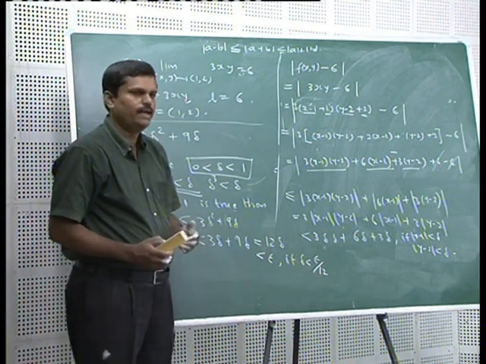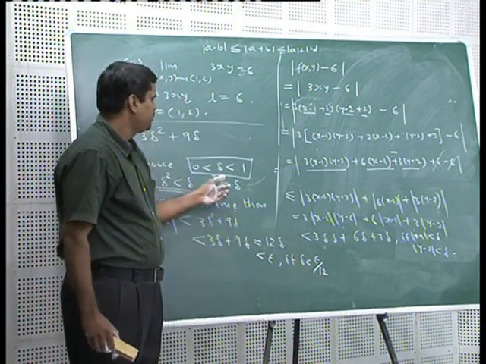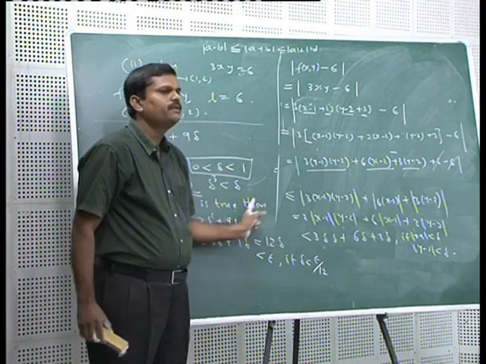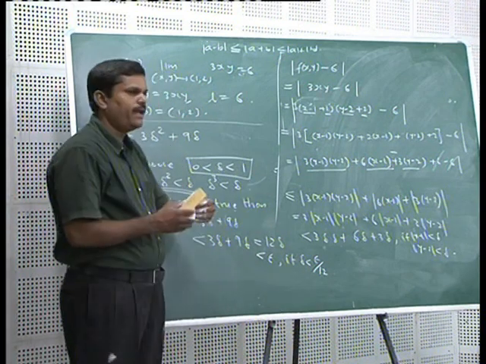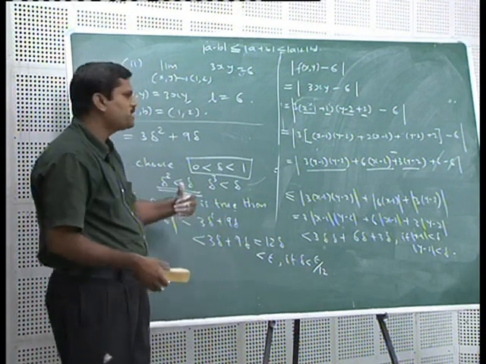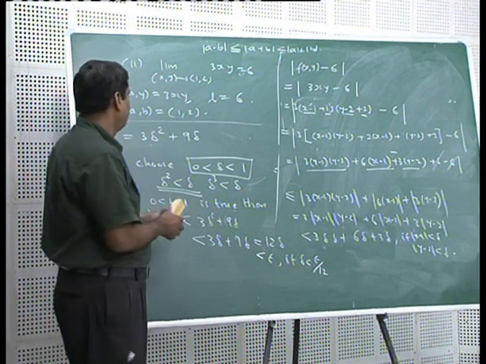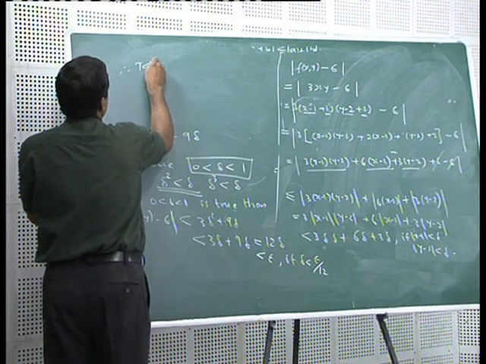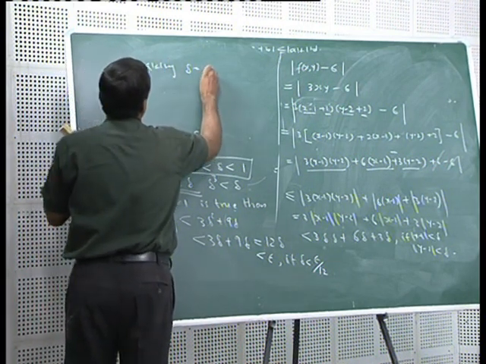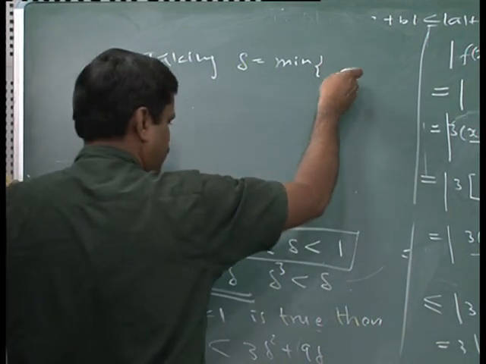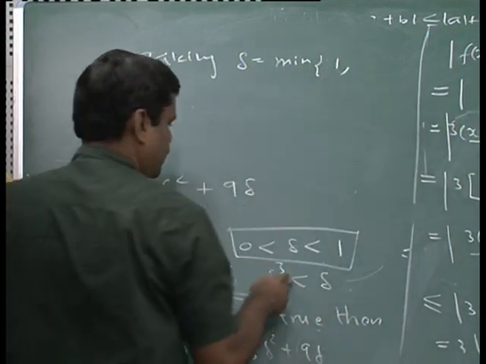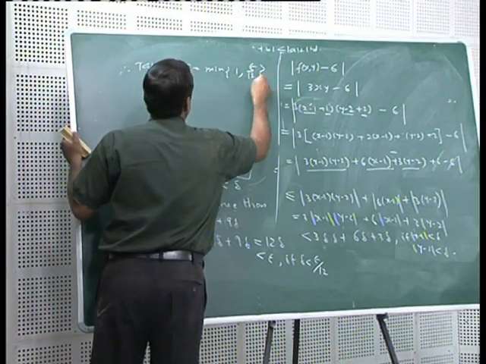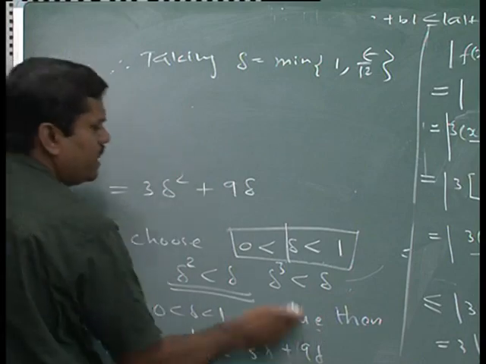So, whenever we want to select a number which is less than some constant and another constant, we have to take the minimum of these two, means if x is less than a and x is less than b, then x must be less than the minimum of a and b. So, therefore, taking delta equal to the minimum of 1, because delta is less than 1 here, and epsilon by 12, we get both the conditions satisfied.